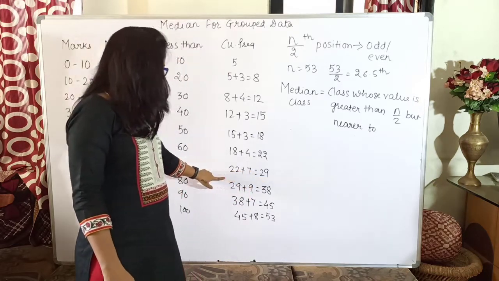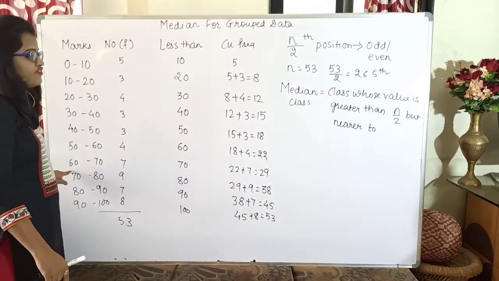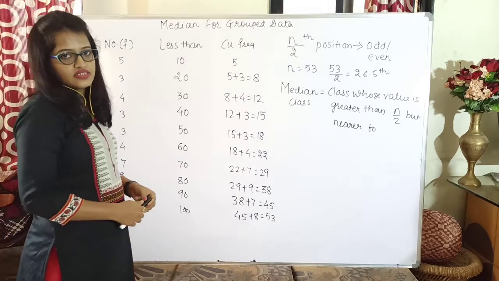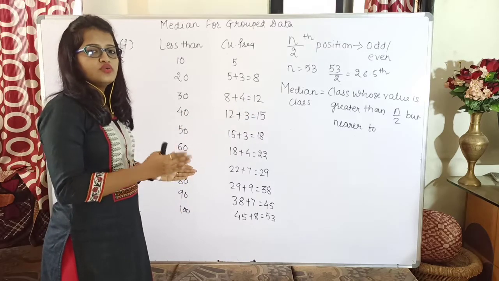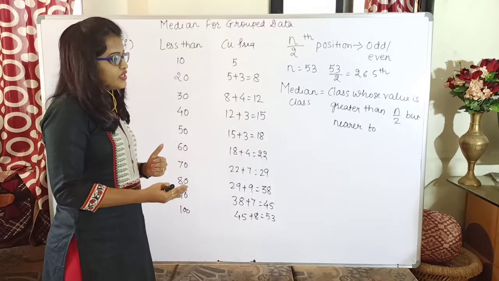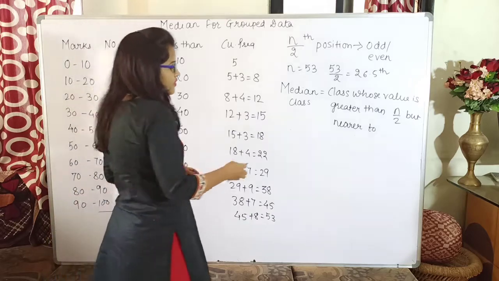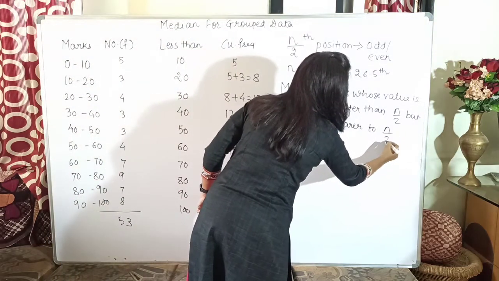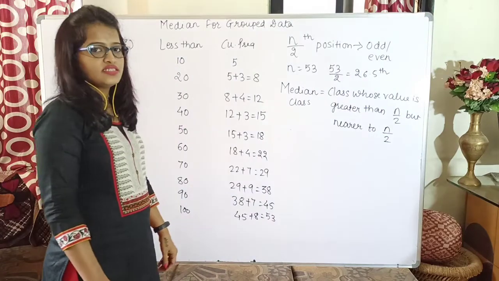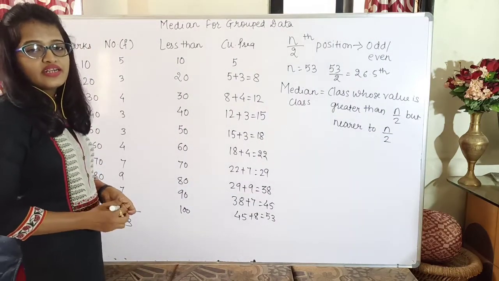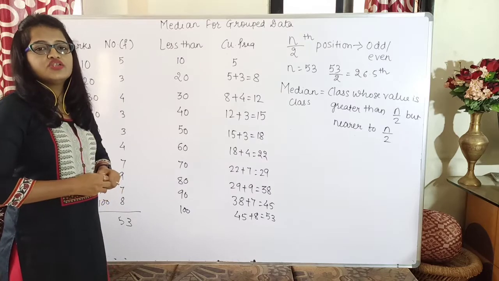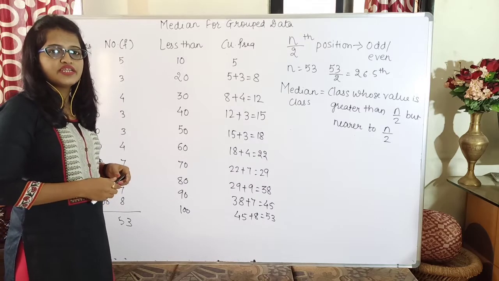So the class corresponding to this value will be your median class. Okay, so the median class is the class whose value is greater than n by 2 but nearer to n by 2. From this you will get the class. What next? Now in the class, again, as I have told you, there are 10 values. Now out of the 10 values, which value will be considered as the median?